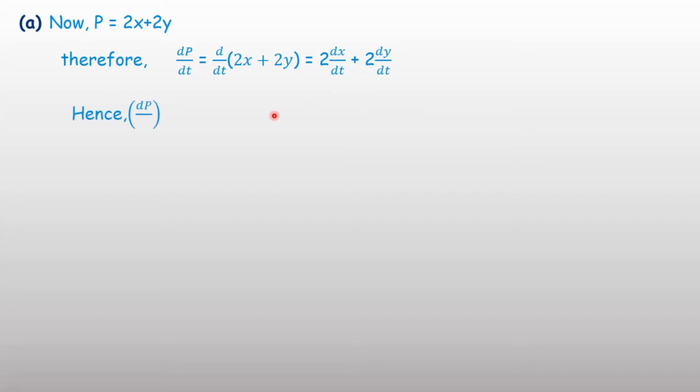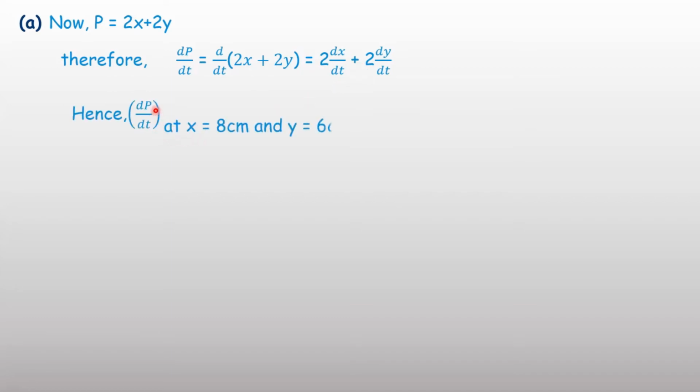Now first, perimeter of rectangle equal to 2x plus 2y. Therefore, dp by dt, differentiating with respect to t, equal to d by dt of 2x plus 2y, equal to 2 times dx by dt plus 2 times dy by dt.